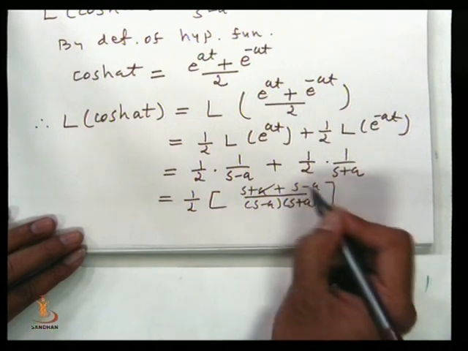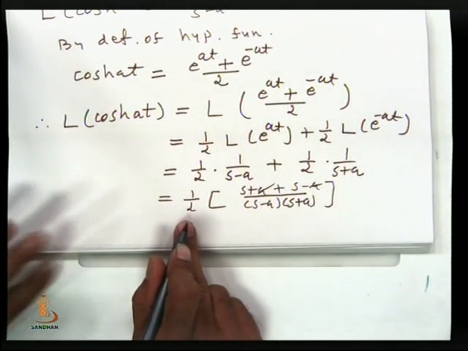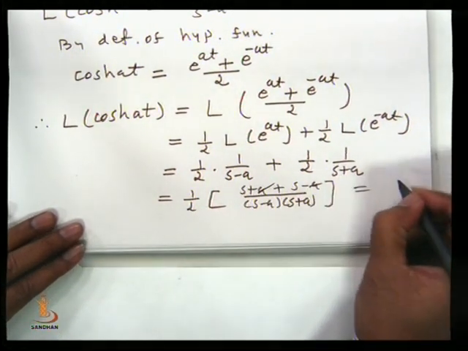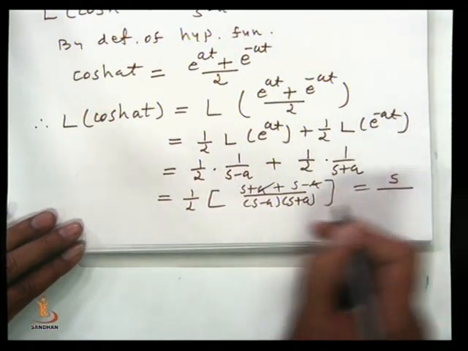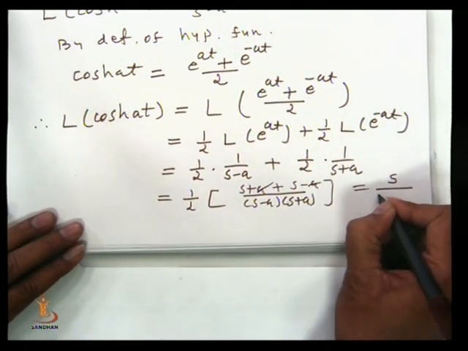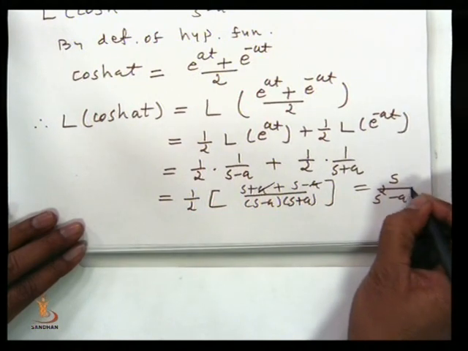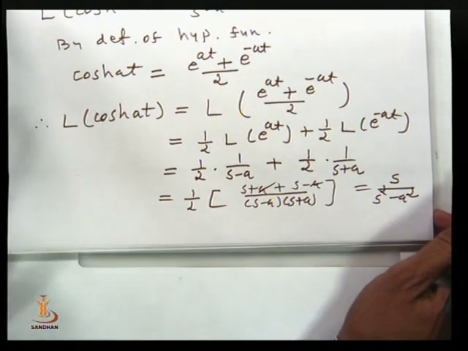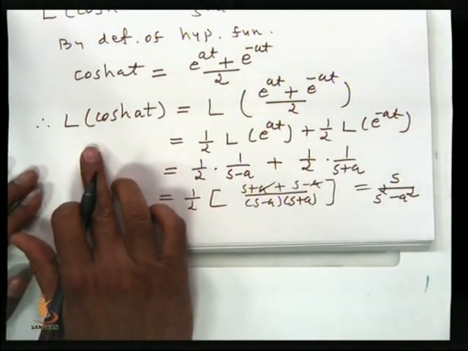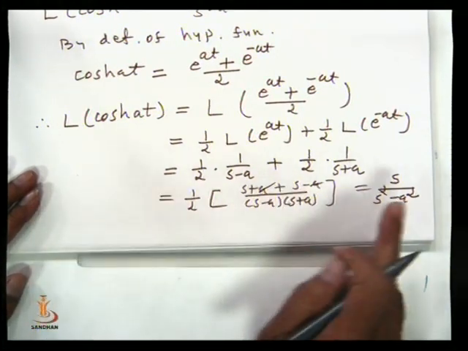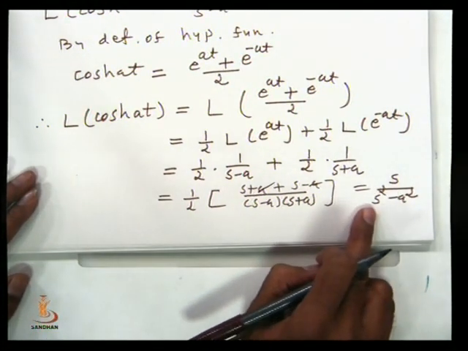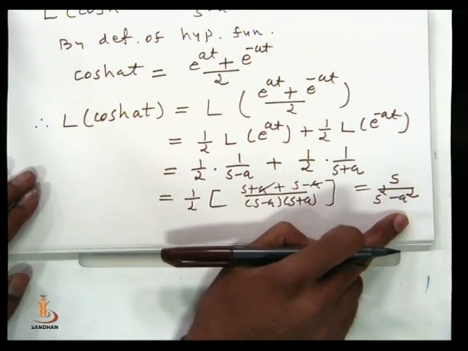Simplifying, in the numerator we get 2s and in the denominator we have 2. So numerator will be s, and simplifying denominator we get s square minus a square. So this is second one, Laplace of hyperbolic cos at equal to s upon s square minus a square.